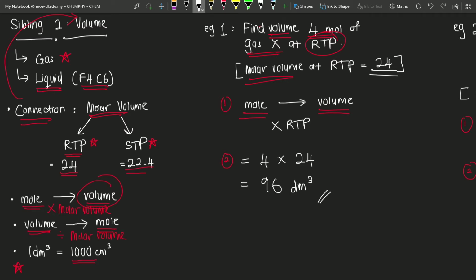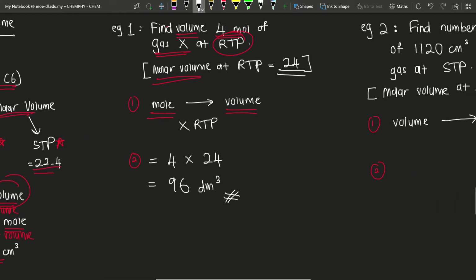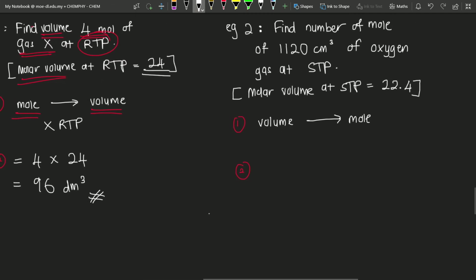The unit for volume of gas is dm cube. Okay, next question. Find the number of mole, the question asks for mole, of 1120 cm cube of oxygen gas at STP. The question will specify whether STP or RTP and give its value. In this question, we have our volume, which is 1120, and the question asks us to find mole.